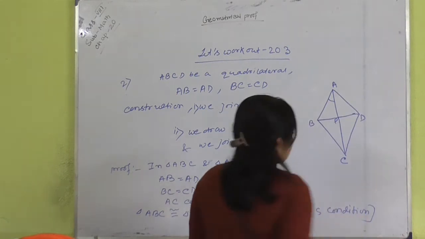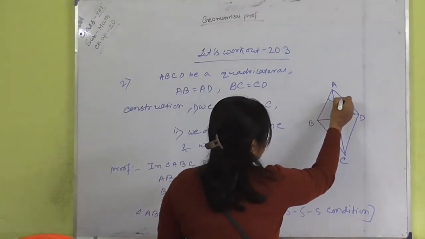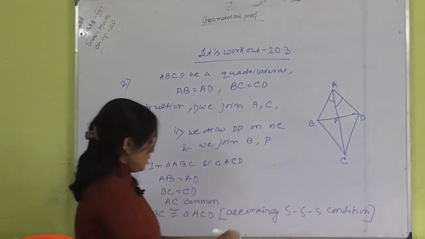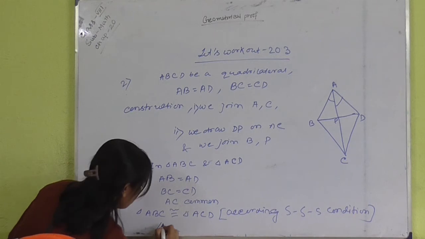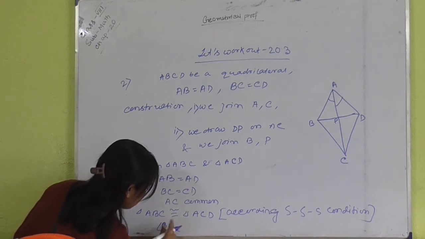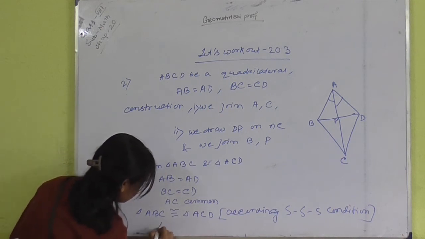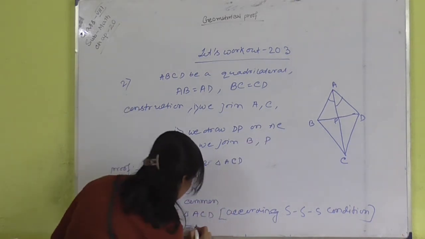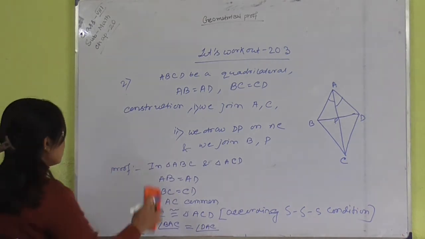This angle is the including angle of triangle ABC, and this angle is the including angle of ADC. So corresponding angles BAC equal to DAC.